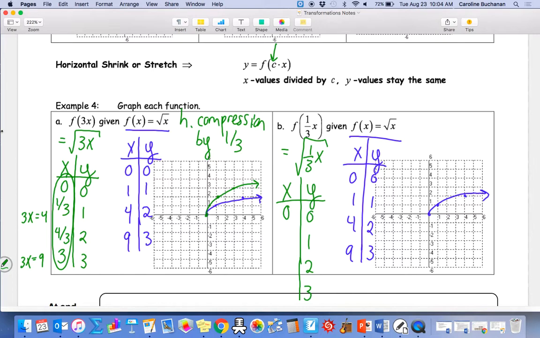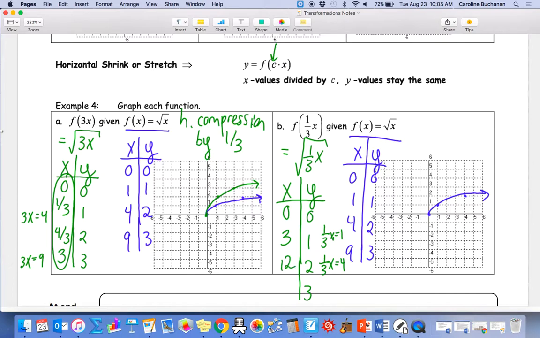If we want an output of 1, that means we want to take the square root of 1, which means that 1/3 x has to be equal to 1, which means that we want to plug in 3 for x. If we want our output to be 2, that means we want to take the square root of 4, which means that 1/3 x has to be 4, which means that we want x to be 12.